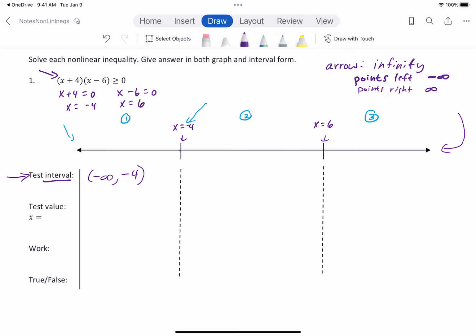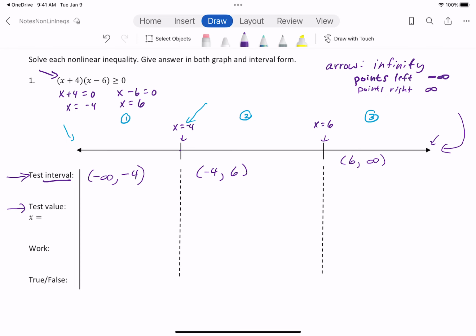So all we want to know is what interval can we choose our number to test, all right? So region 2 begins at that endpoint negative 4, and it goes to the endpoint 6, and then the third region begins at 6 and goes out to an arrow pointing right, which is infinity.